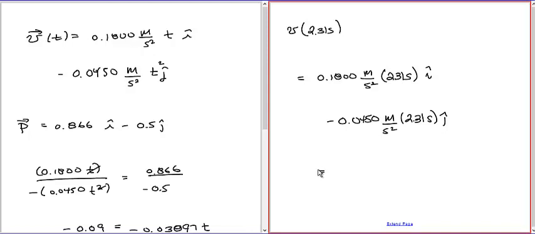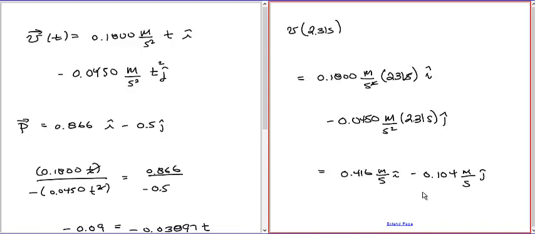So we get 0.18 times 2.31, so that's 0.416. And this seconds cancels out one of those, so you end up with meters per second, i. And then the next one is 0.0450 times 2.31, which is 0.104 meters per second, j.